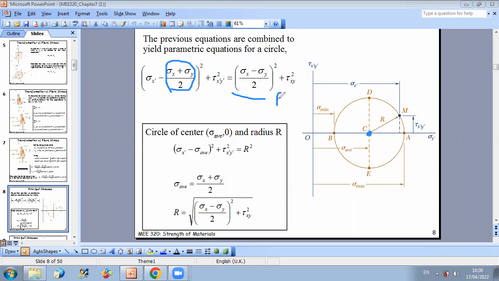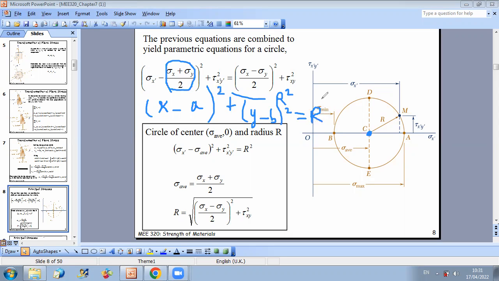So this is r squared. You know that the general equation of a circle is (x minus a) squared plus (y minus b) squared equals r squared.